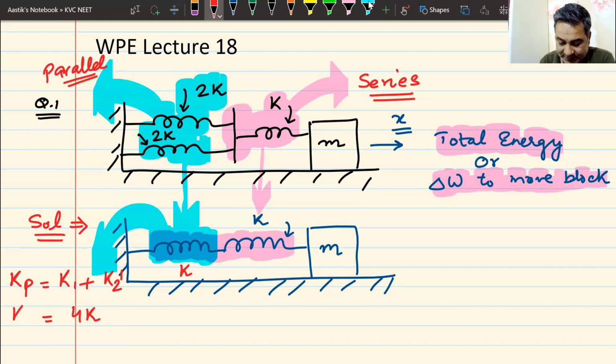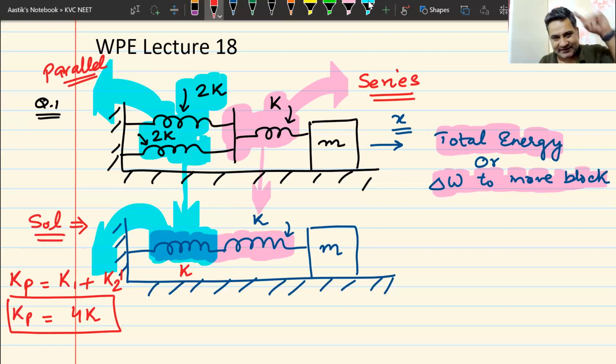Now if I add K1 and K2, I will have 4K. Yes, Abhiram, that is correct. I would have 4K. I made a genuine mistake, because something else was in my head. So now I have 4K, 2K and 2K are in parallel, so I have an effective spring constant of 4K. Now this 4K and this K are in series. So now I can find the effective value here.